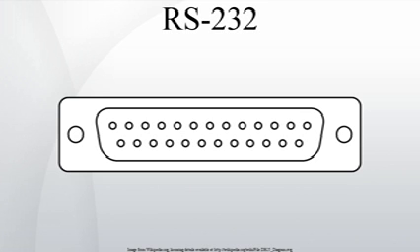Thus, with this alternative usage, one can think of RTS asserted, positive voltage, logic 0, meaning that the DTE is indicating it is ready to receive from the DCE, rather than requesting permission from the DCE to send characters to the DCE.